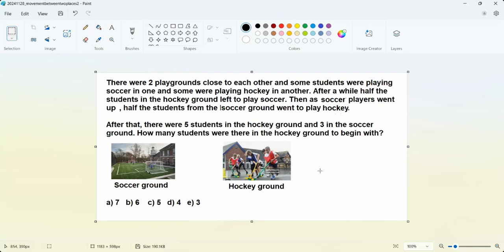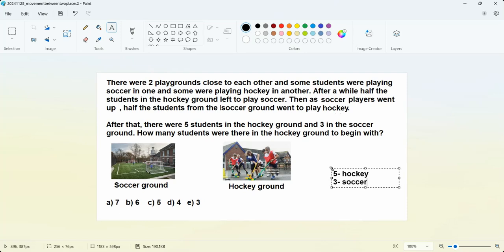So as we discussed in the previous part, we'll start with the last situation, the end situation, where we had five students in the hockey ground. So five in the hockey, and three in the soccer.